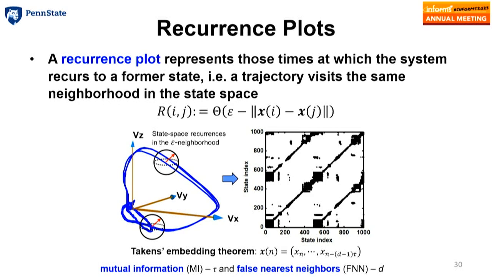And if we pick a state on the x-axis, for example 400, if we go vertically, we will be able to identify those states that return to the neighborhood of state 400. And if we go to another one, 800, we will see the return of all the neighbors of state 800. So this gives us a way to characterize the state space and also the behaviors of the state space.